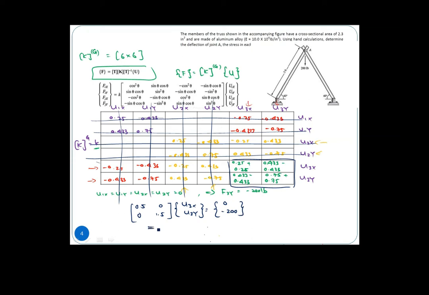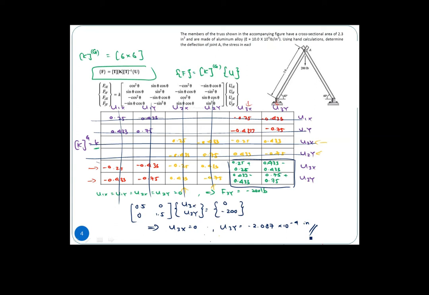Right, so solving this, we give us u3x actually equal to 0, and u3y actually equals to negative 2.087 times 10 power negative 4. Okay. So that gives us the displacement, or what we call the deflections at joint A itself.